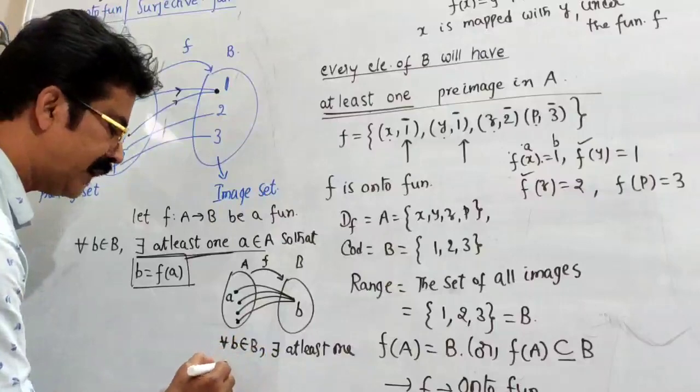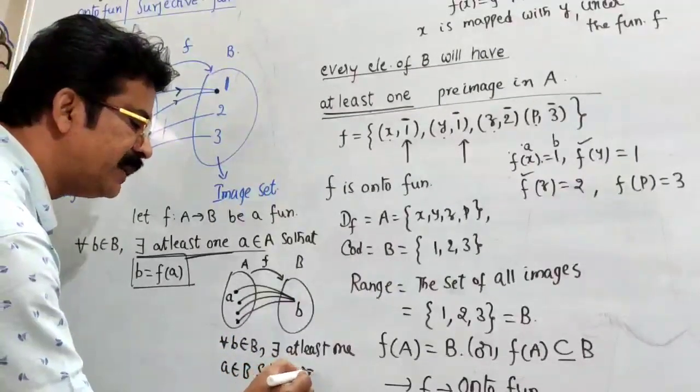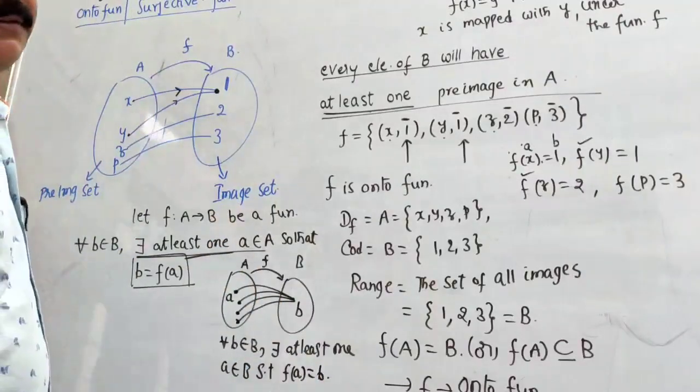So at least one small a belongs to capital A, so that f of A is equal to B, or B equal to f of A.